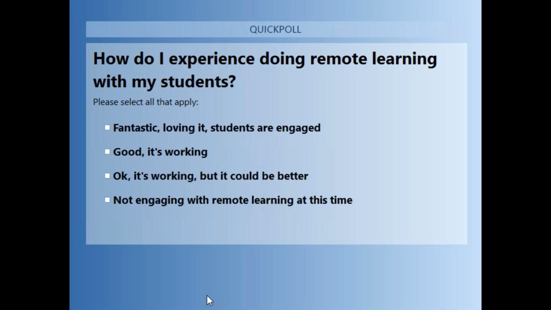It doesn't tick if your connectivity is not good, Cecilia. So sometimes what happens is if the signal on your side's not good, it means that it's taking longer to load on your side. So that's why it might not tick. Thank you for the responses. It's good to see. Could be better. Good, it's working. Were you saying good, it's working?